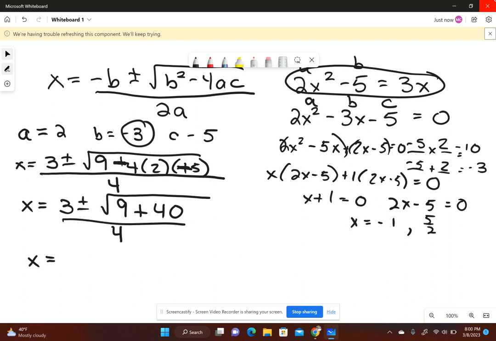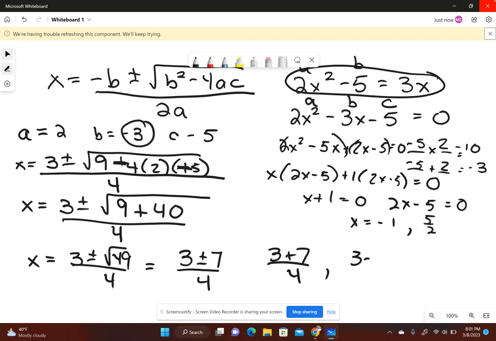So this ends up being x equals 3 plus or minus the square root of 49 over 4, which is 3 plus or minus 7 over 4, which is 3 plus 7 over 4, and 3 minus 7 over 4. This becomes 10/4, which is 5/2. This becomes negative 4 over 4, which is negative 1. So notice we get the same answers, which we expected, using the quadratic formula.